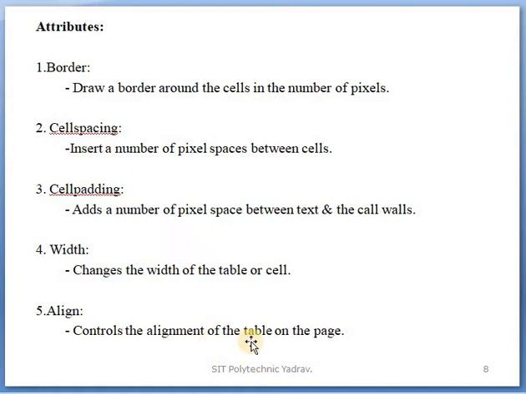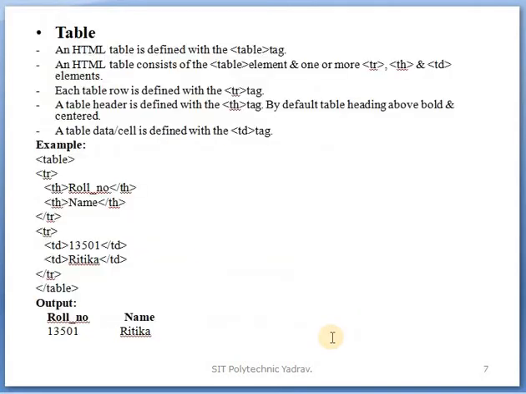Align controls the alignment of the table on the page, meaning left, right or center. This align is used in the table and also in th and td, meaning the actual contents. If used in the table, the table will be moved to left, right or center. If you use it in th or td, the actual data will be moved left, right or center.